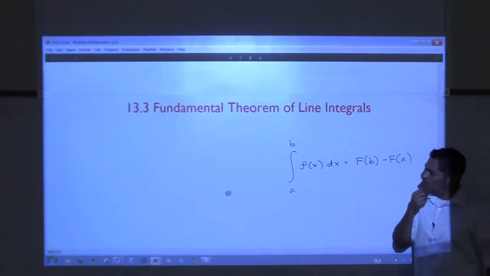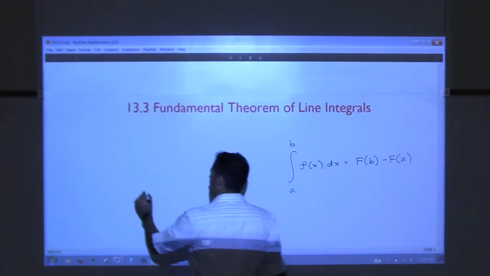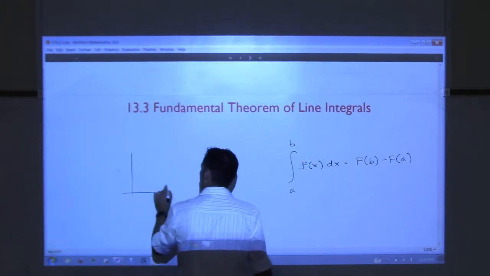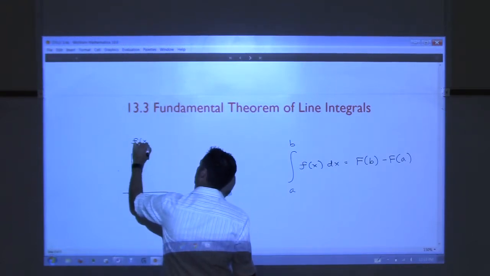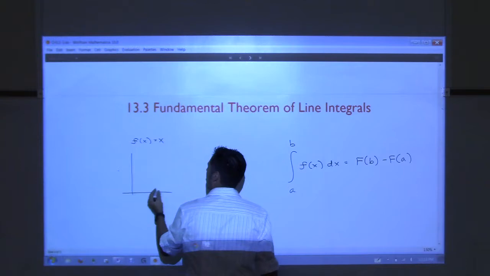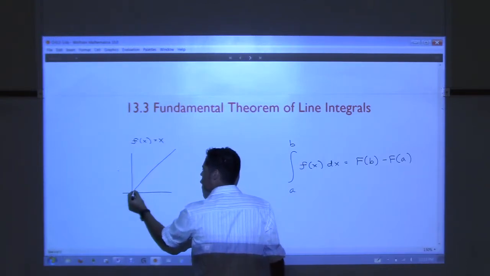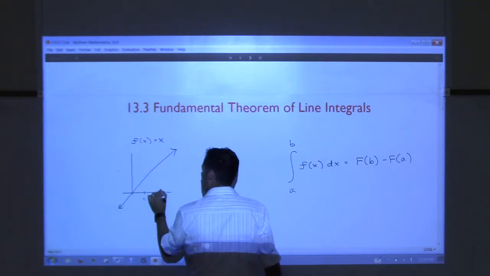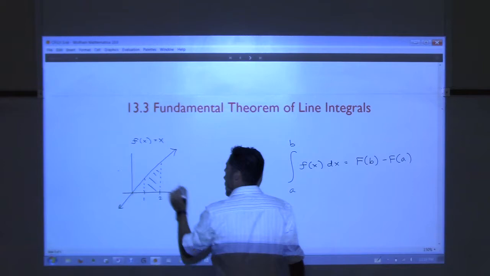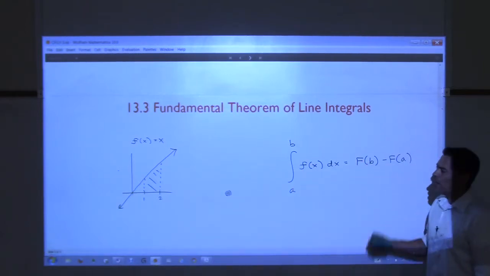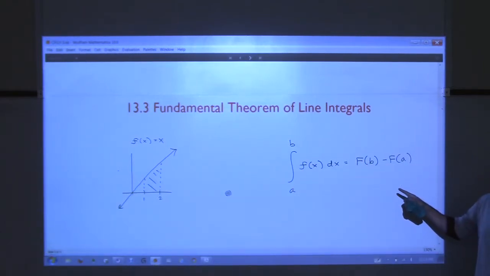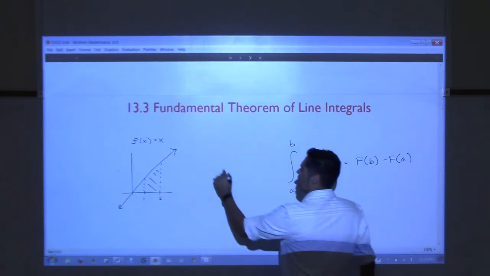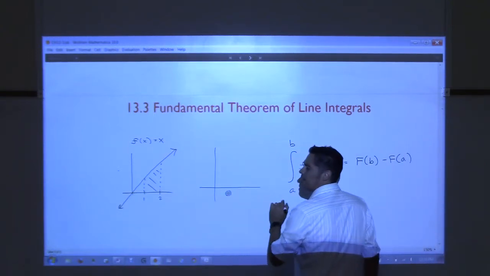So I want us to understand this visually. If I take the function f of x equals x, that looks like this. And let's just go from 1 to 2. If I want to know that area, according to this theorem, I need to take a look at its antiderivative.